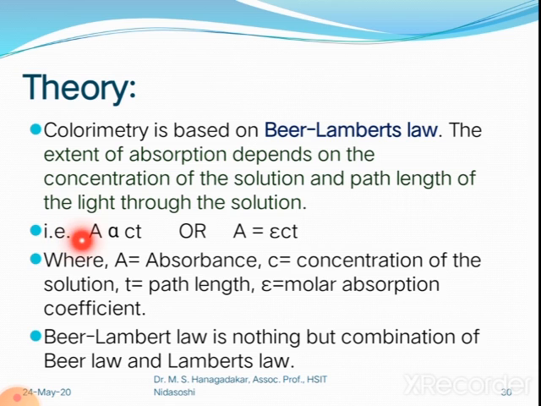Hence, absorption is directly proportional to C into T, or the same equation can be written as A equals epsilon into C into T, where A is the absorbance, C is the concentration of the solution, T is the path length of the absorbing medium, and epsilon is the molar absorption coefficient or molar extinction coefficient, which depends upon the nature of the colored solution.